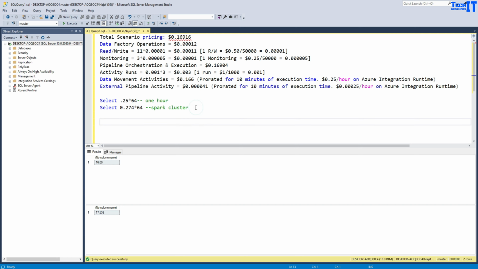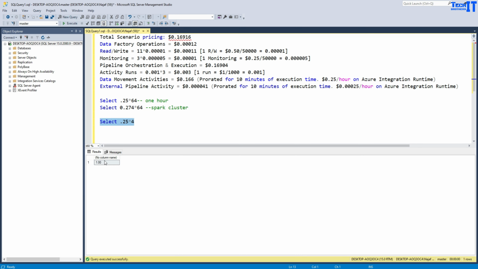So if you are charged 0.25 for copy activity and there are 4 DIUs, right? So you will be charged for 1 hour, and that's you will be charged $1. Now he calculated for, let's say, divided by.